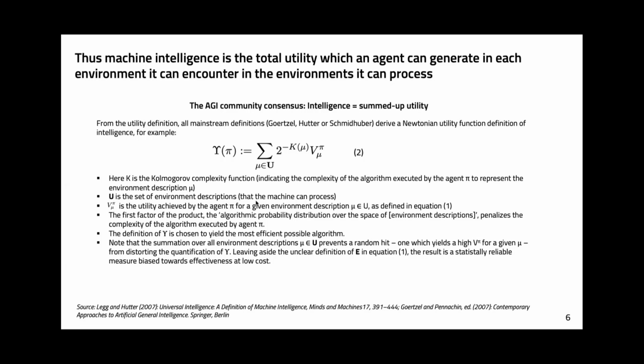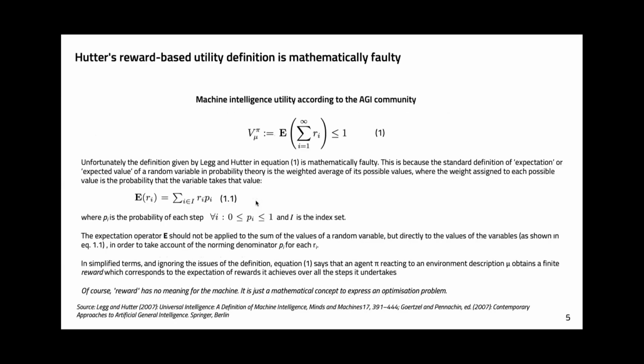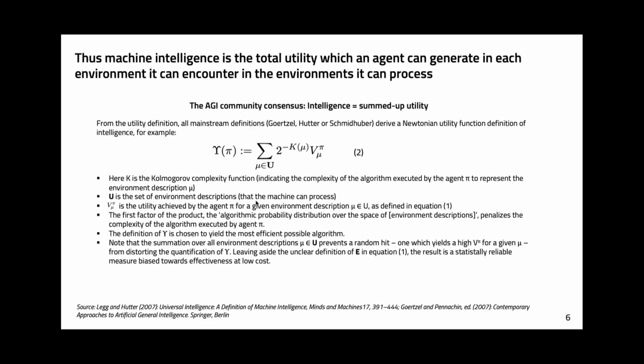I have two questions when I was looking at these formulas. I was just looking at V, as the author says, the ability to achieve the value, the capital V. But then in the formula on the second slide, why is the Kolmogorov complexity function an exponential, and the V is just linear?